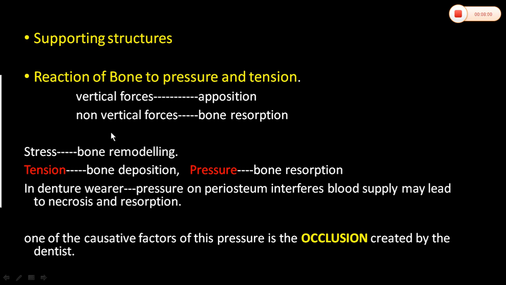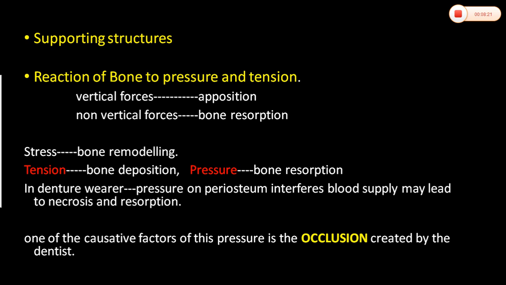Now, as we all know, in our human body, bone undergoes constant remodeling. Remodeling means bone deposition takes place followed by bone resorption, again bone deposition followed by bone resorption.